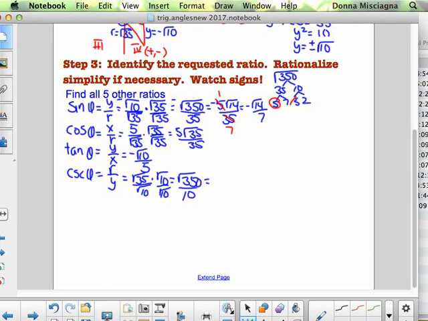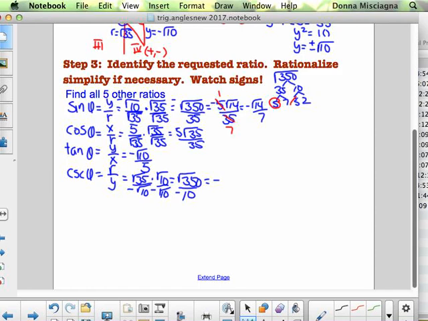I forgot the negative. Here, we'll just put the negative in front. So all of them are going to be negative besides cosine and secant because of the negative square root of 10 that I keep leaving the negative off for.